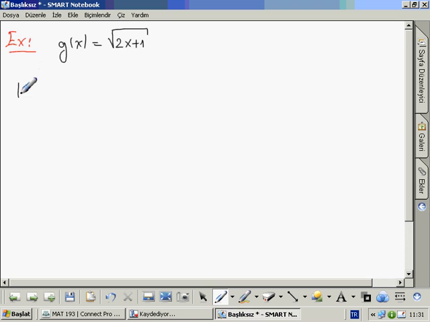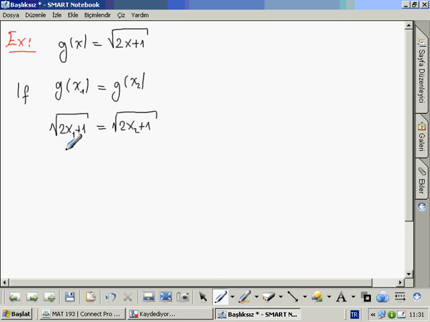If g of x1 equals g of x2, then the square root of 2x1 plus 1 equals the square root of 2x2 plus 1.